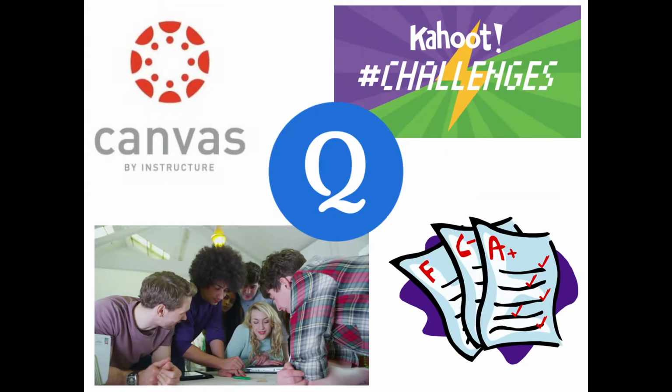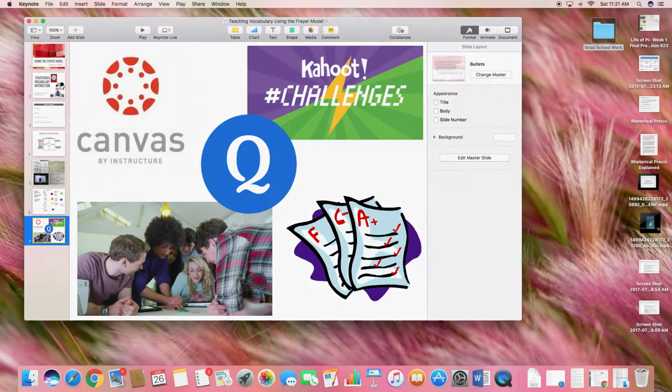So once we do that, like I said, we share it through Canvas. We may turn it into a Quizlet. Each group can turn theirs into a Kahoot challenge, but it has definitely proved that students who normally wouldn't do well in vocabulary instruction have started to excel, and it's been awesome to watch this.